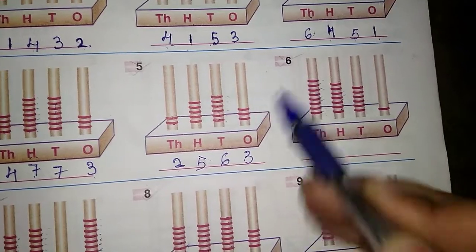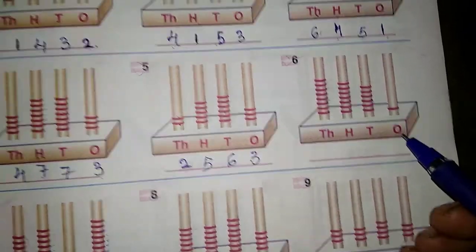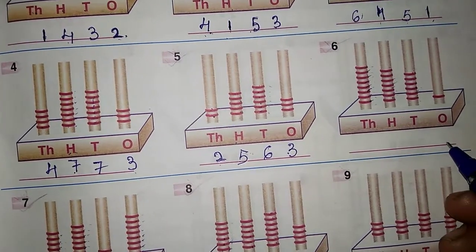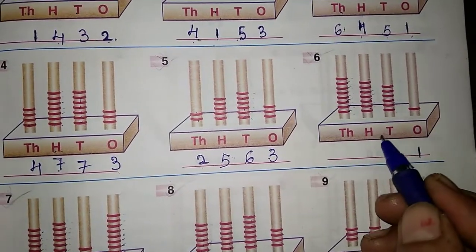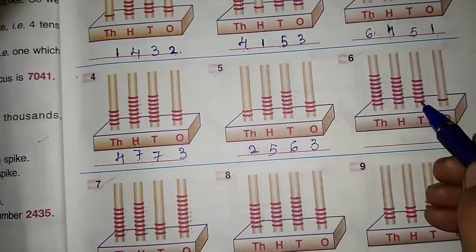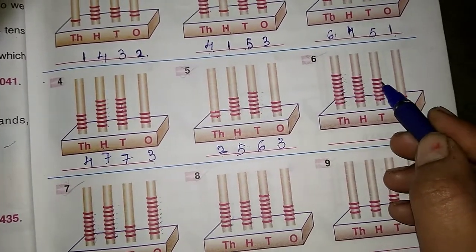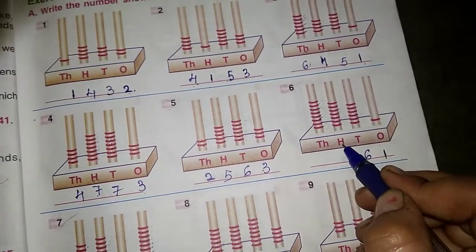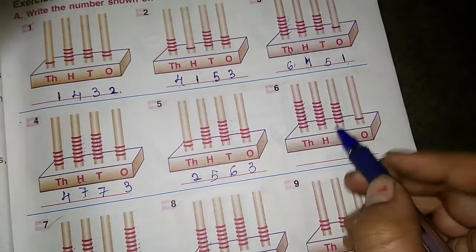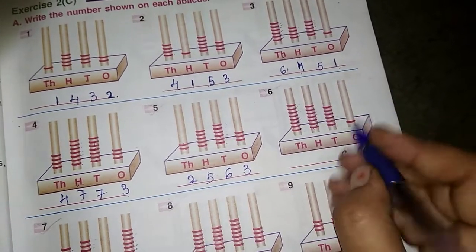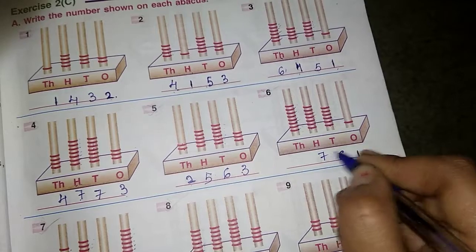Now sixth one, children. In a 1 spike, how many rings are there, children? 1. In a 10 spike, how many rings are there, children? 1, 2, 3, 4, 5, 6. 6 rings are there. In a 100 spike, how many rings are there, children? 1, 2, 3, 4, 5, 6, 7. 7 rings are there.